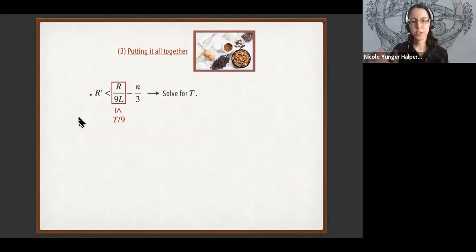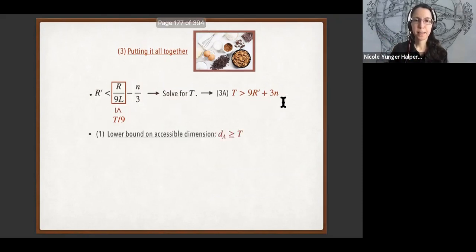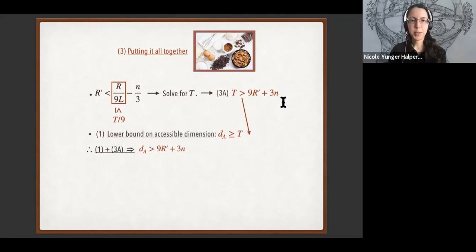Then we can rearrange the inequality to solve for the number of blocks and find that it's lower bounded by 9 times the lesser number of gates plus 3 times the number of qubits. We've already proved in lemma 1 a lower bound on the accessible dimension, so we can chain these 2 inequalities together to conclude that the accessible dimension of the actual architecture we're interested in is greater than 9 times that lesser number of gates plus 3 times the number of qubits.